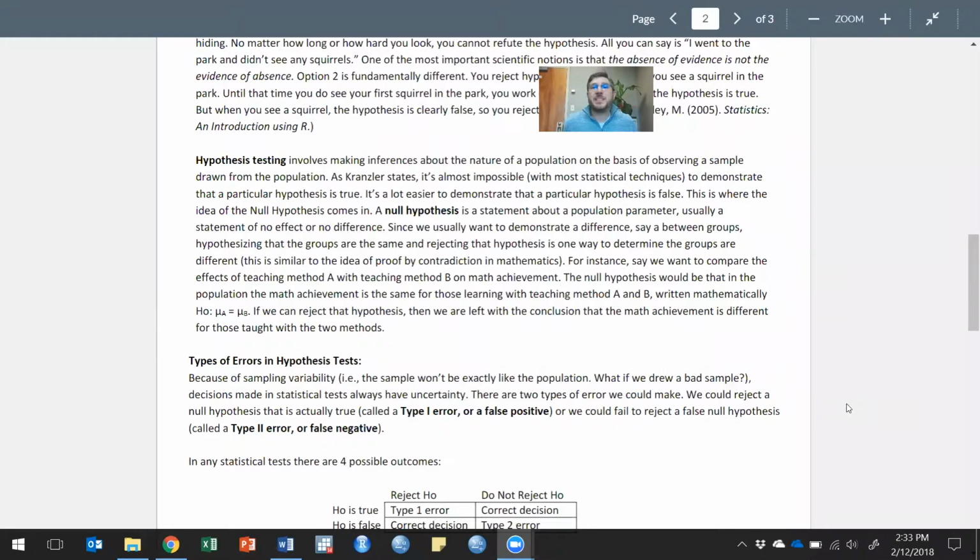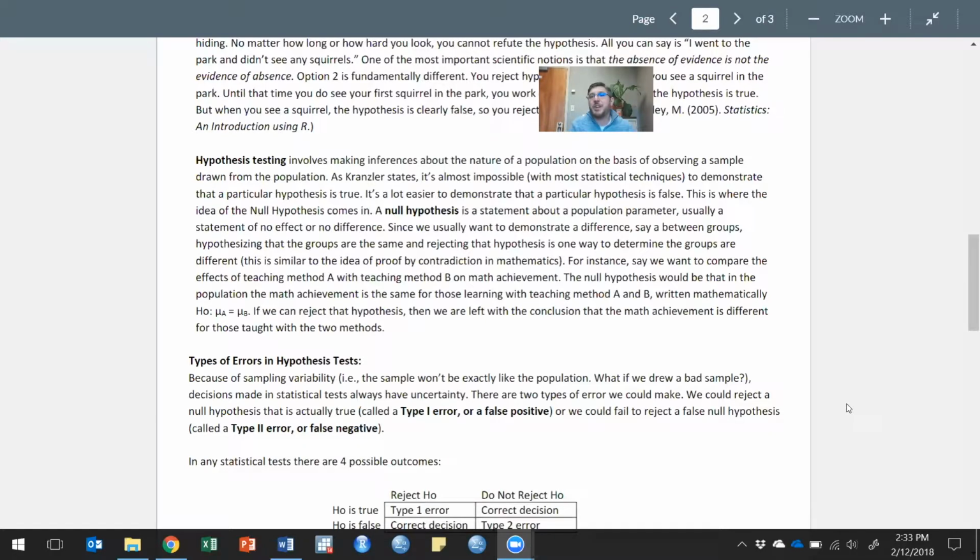All right, so hypothesis testing involves making inferences about a population based on observing a sample. As Cranston states, it's really difficult to demonstrate that a particular hypothesis is true. It's a lot easier to demonstrate that the hypothesis is false, like we did with our squirrel example earlier.